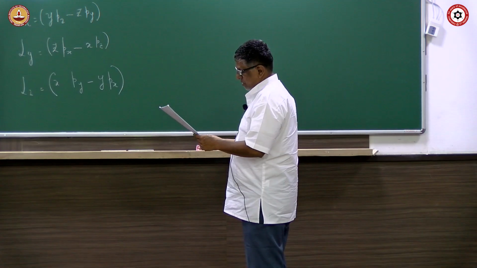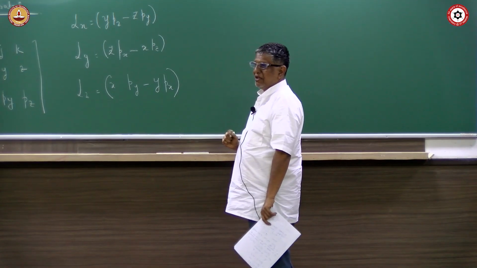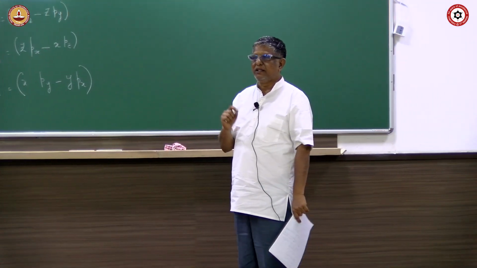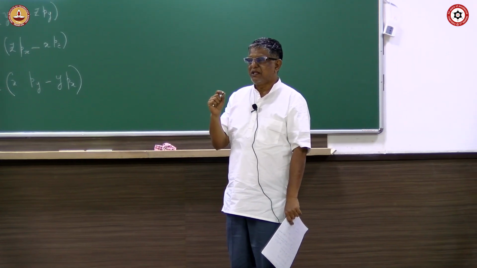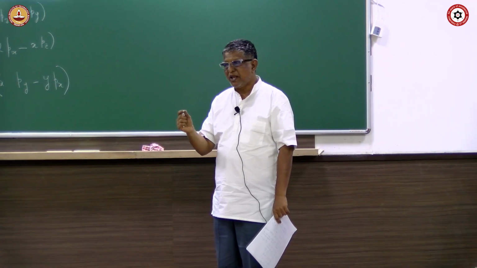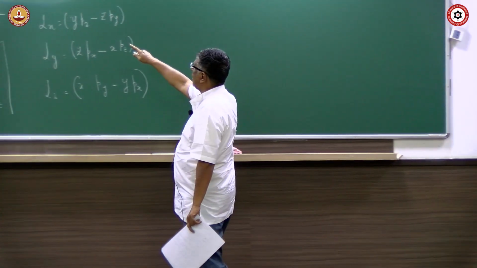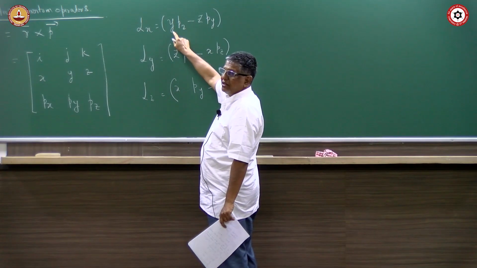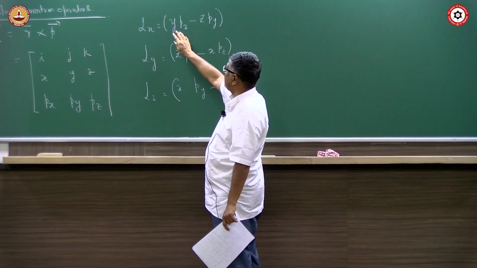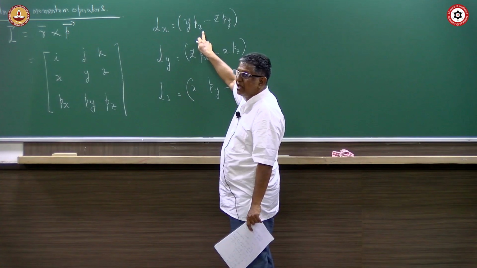Alright. So how do you get the corresponding operators? We said in the previous lecture, replace with the corresponding differential operators. So you can convert this into an operator. y is a scalar, therefore it is scalar multiplication, but Pz is a differential operator.